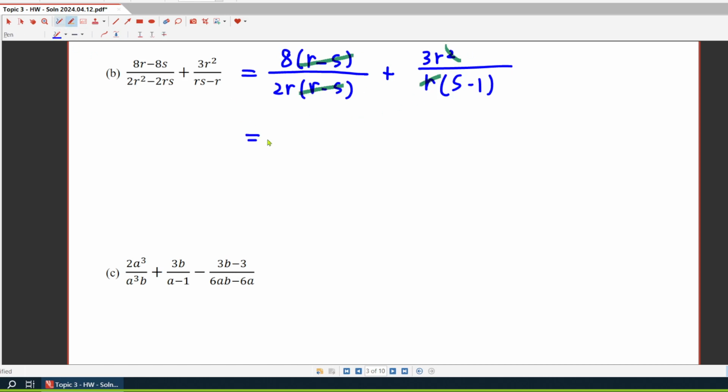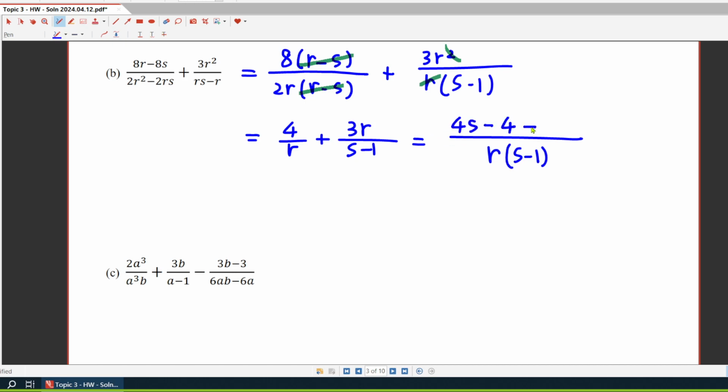So that gives us 4 over r plus 3r over s minus 1, right? And the least common multiple of r and s minus 1 is r times s minus 1, right? And the numerator becomes 4s minus 4, then plus 3r squared, right?